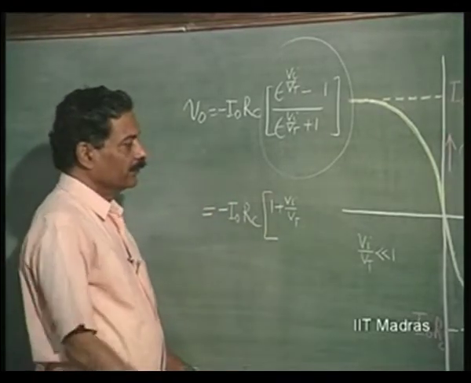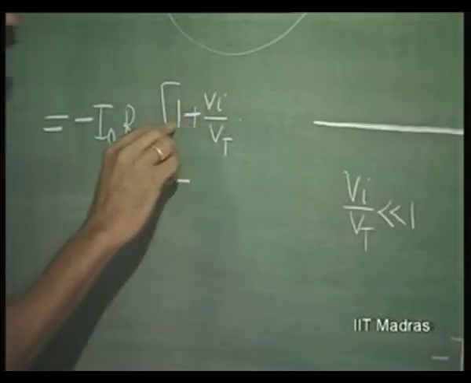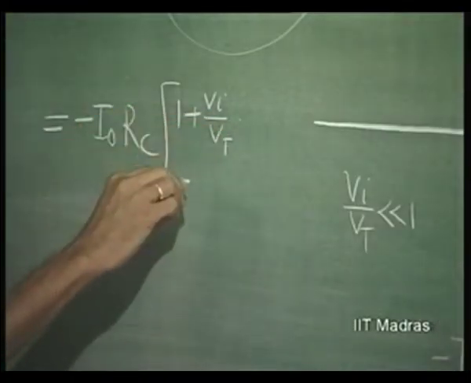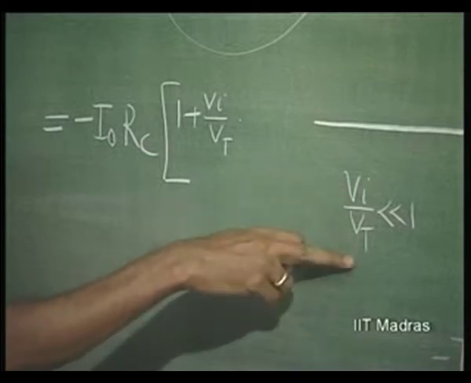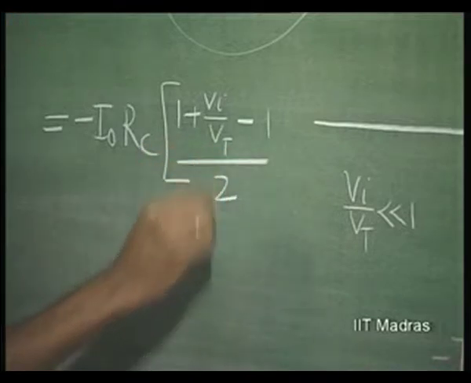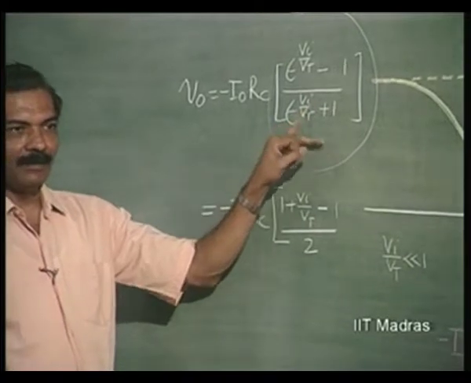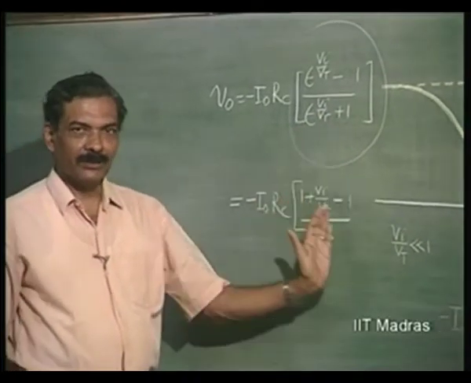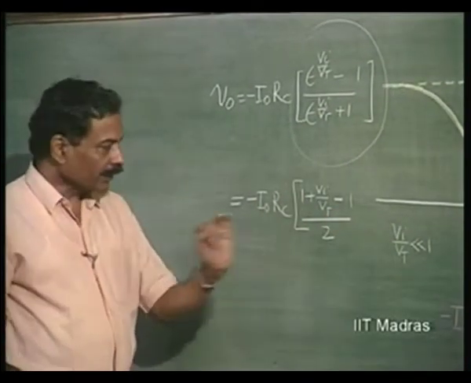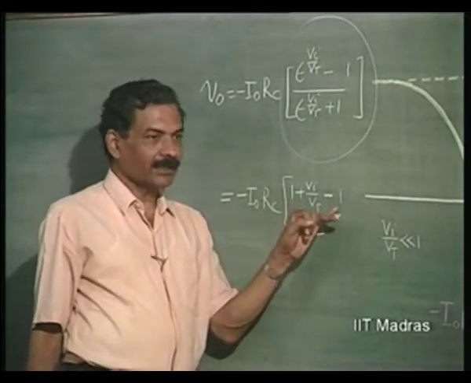If you just put it as 1 plus x and ignore the higher order terms, then this is minus 1 and this is plus 2, because compared to 2, VI by VT is negligible. So, even VI by VT is neglected there, whereas here this one gets cancelled with this one.